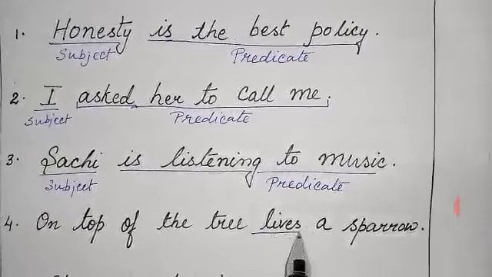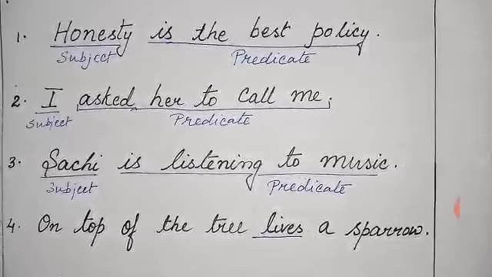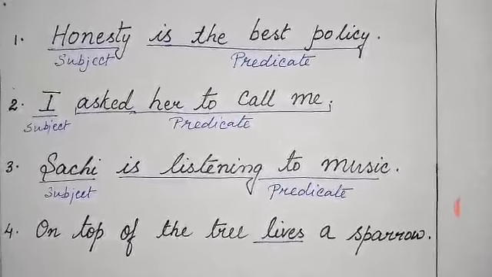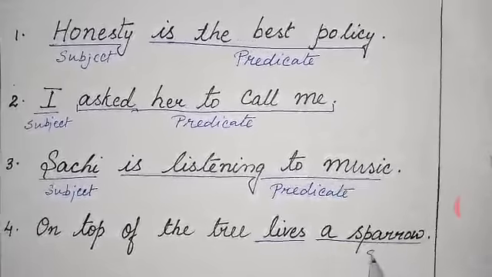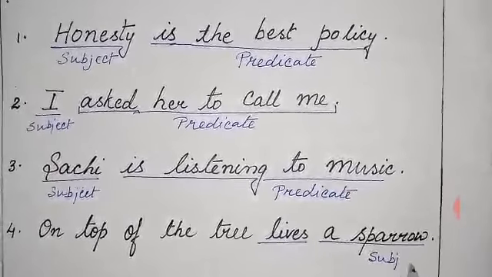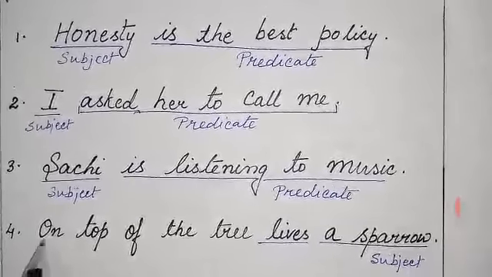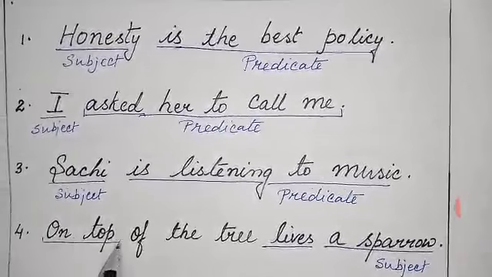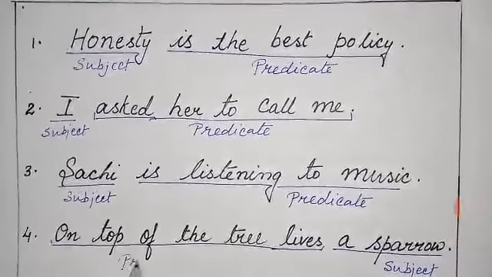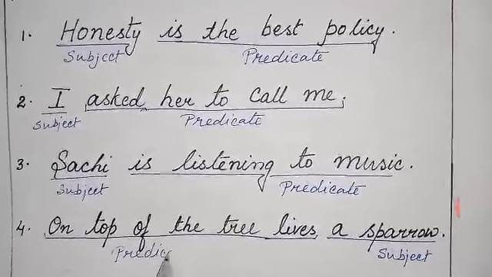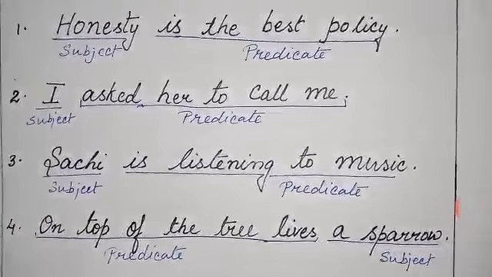Lives. Now, what lives or who lives? A sparrow. So, our subject is a sparrow, and the remaining portion is the predicate. You can see here the predicate is at first and the subject is at the last of the sentence.